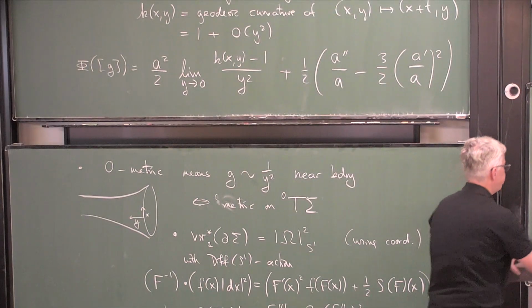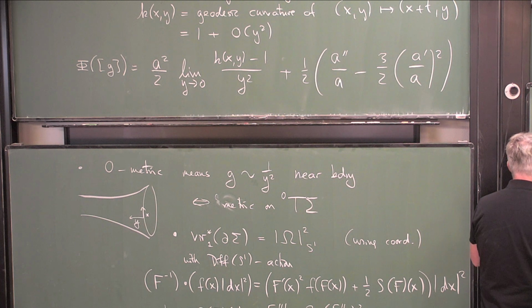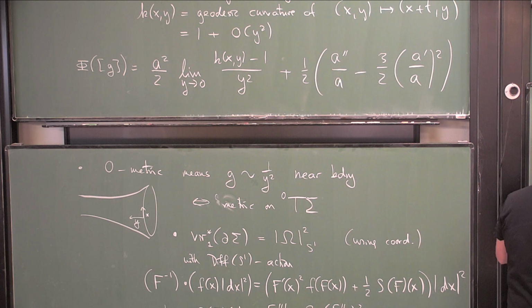Then we define a hyperbolic structure on the surface. Again, I'm assuming the boundary of the surface is empty.